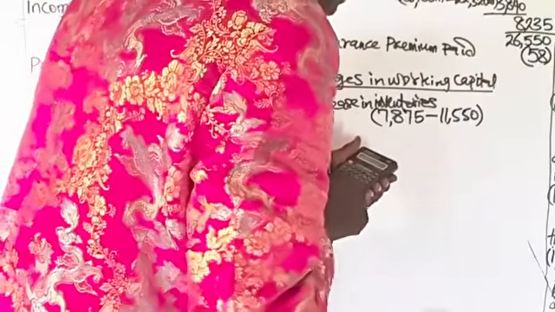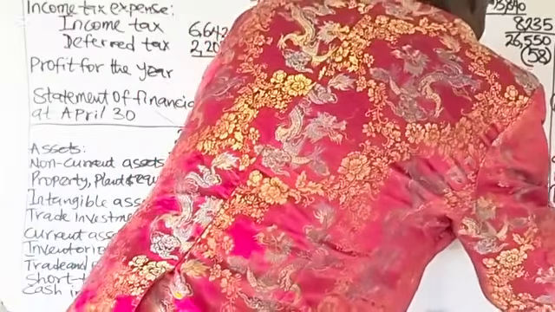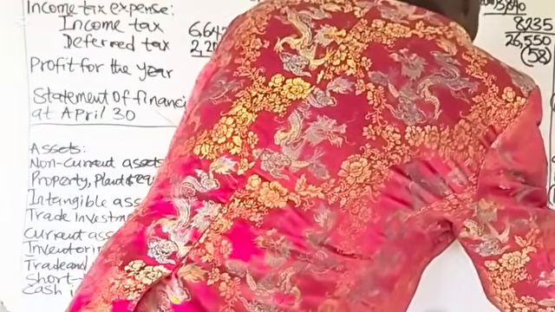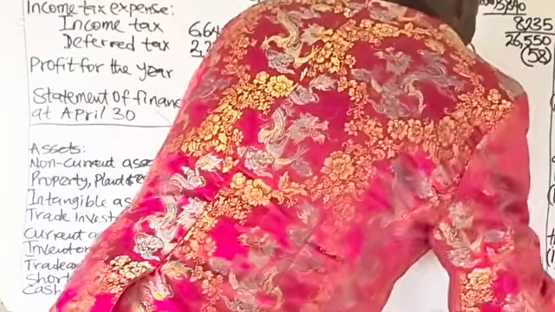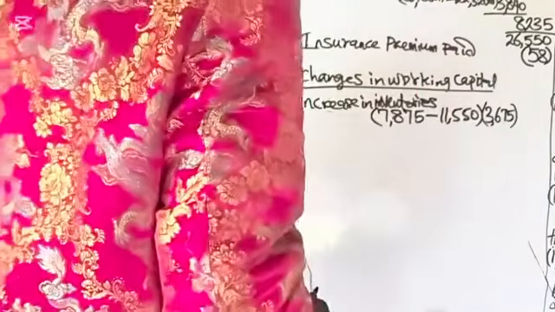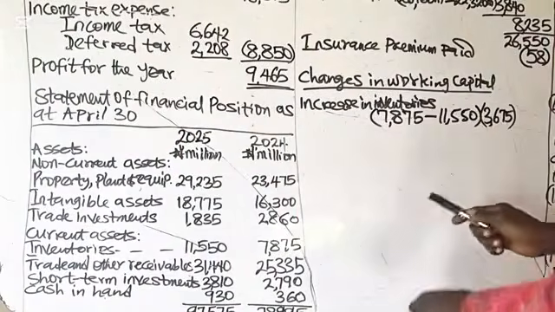You have the difference of 3,675 negative. I've told you, increase in asset, we subtract. Increase in asset, we subtract. Because increase in asset means increase in profit. And increase in profit should be subtracted.